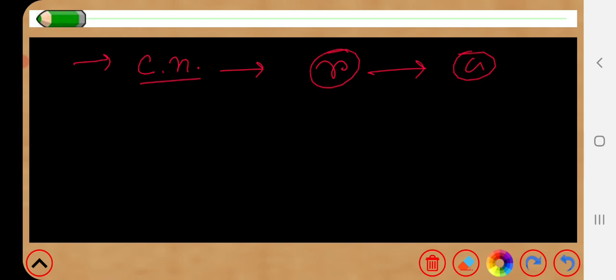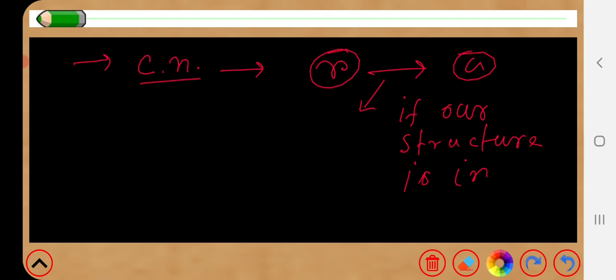6. Okay, so this coordination number also helps us to find a relation between the radius of the atom and the lattice parameter A. But this is only true if our structure is in closed packed form.